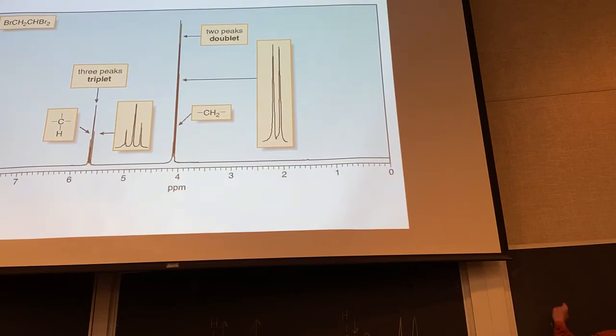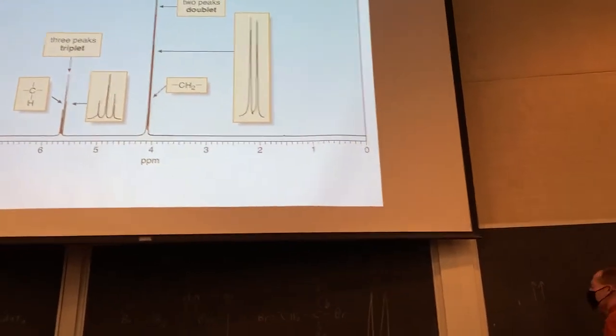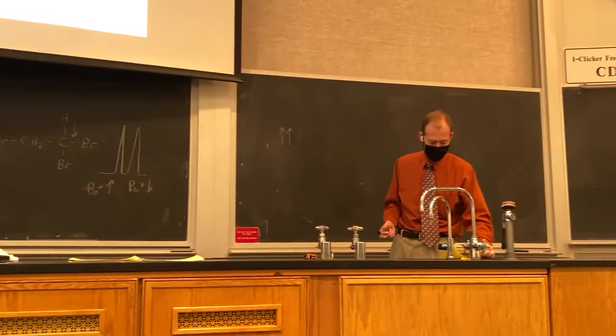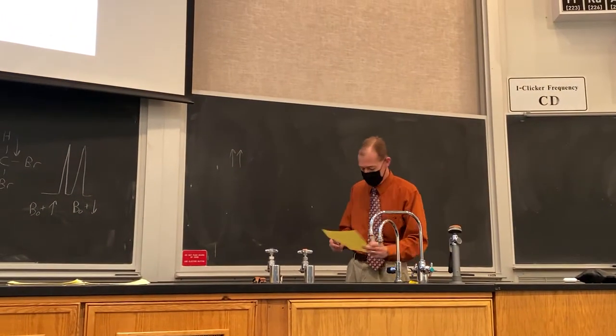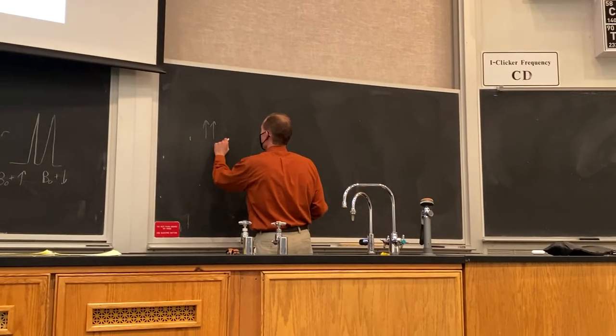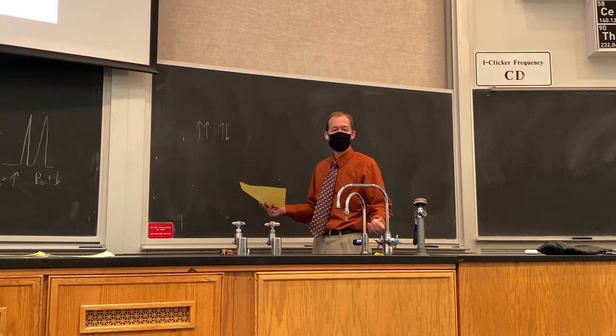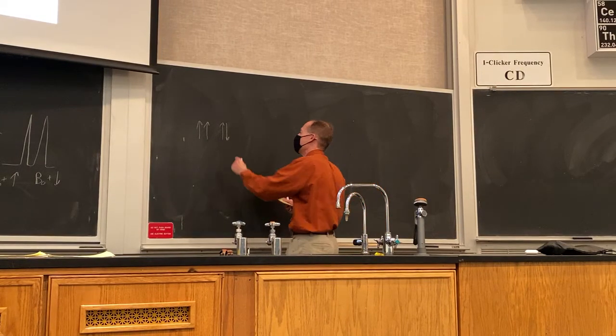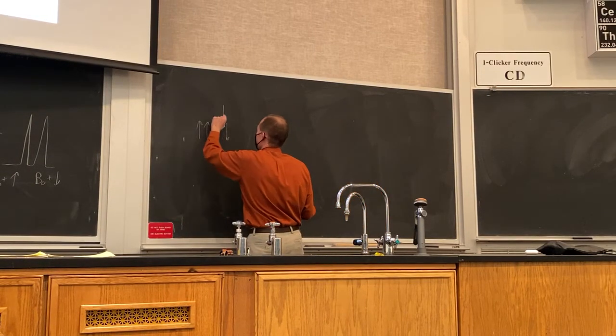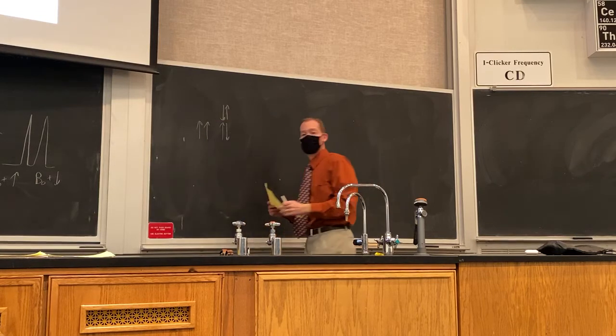Well, we could have those 2 protons both being aligned with the applied magnetic field. We could have one aligned and one opposing. And there's 2 ways we can have that. We could have up, down, and we could have down, up.